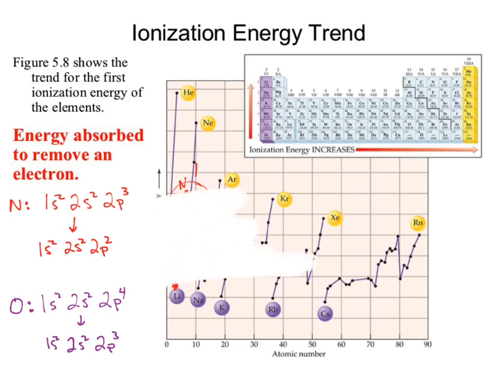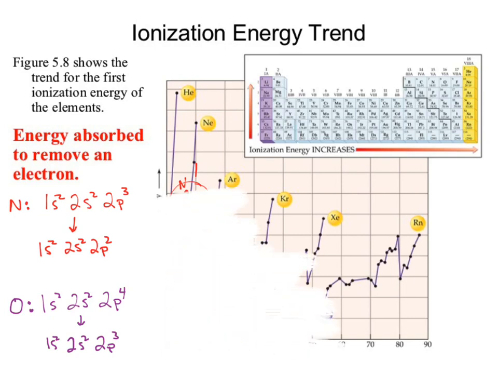We need to clear up some space here. Remember when we talked about filling our orbitals? We said we wanted to fill the lowest energy first before we moved up. So when we filled our 2p's, there were really three 2p's, right? And so for nitrogen, it's actually 2p1, 2p1, 2p1.